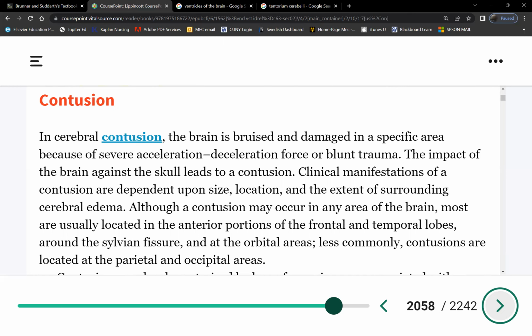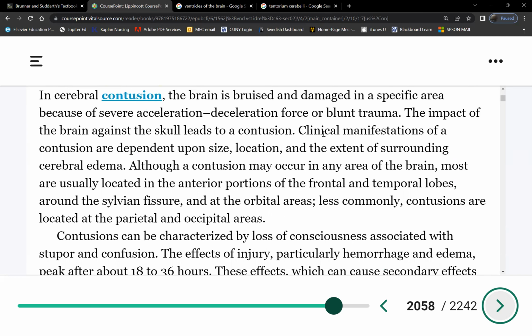So you'll have two injuries, one in front and one in the back. So contusion is an example of a coup contrecoup injury.